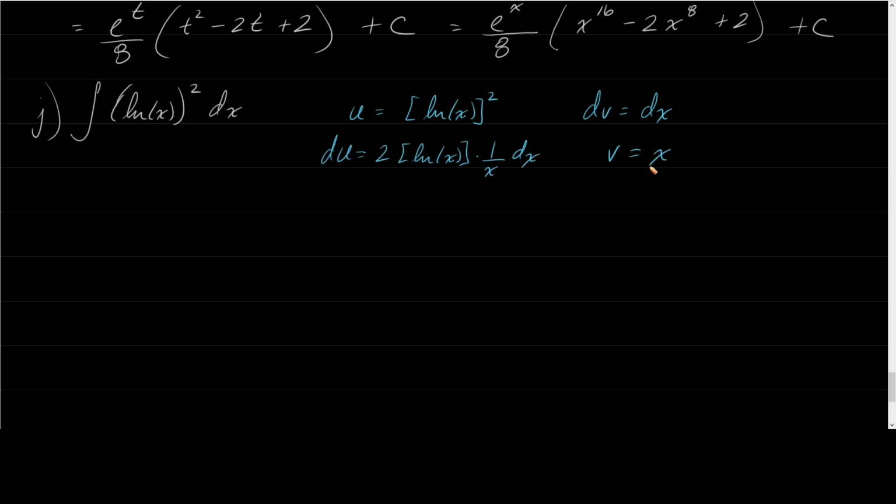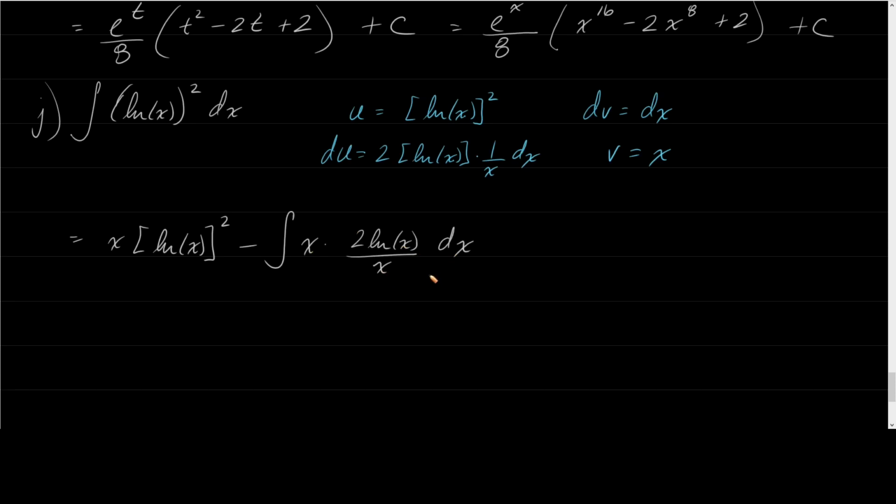Now, at that point, we're going to do our integration by parts. So we're going to say we've got uv, so I'm going to write this x times ln of x squared minus integral of v du. So I've got x times 2 ln of x over x dx.